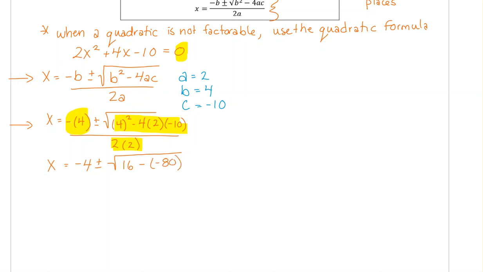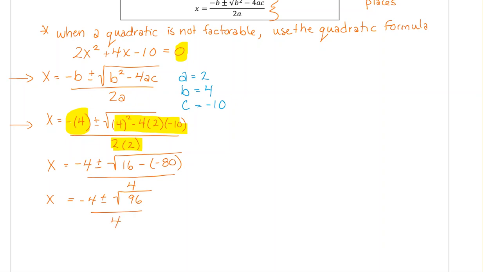Make sure your signs are right, they are important. And then 2 times 2 is 4. I'm going to simplify what I have under my radical sign: 16 subtract negative 80 is the same as 16 plus 80, which gives me 96. And we still have that 4 in the denominator.